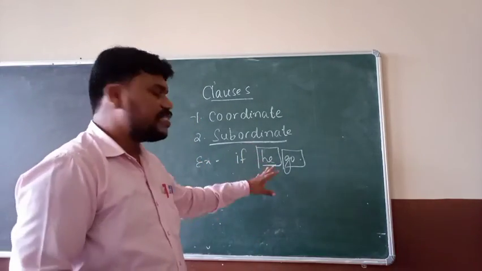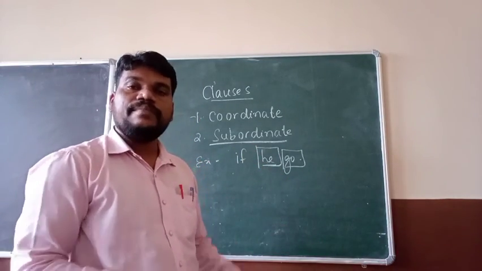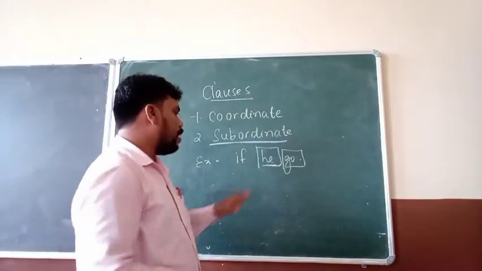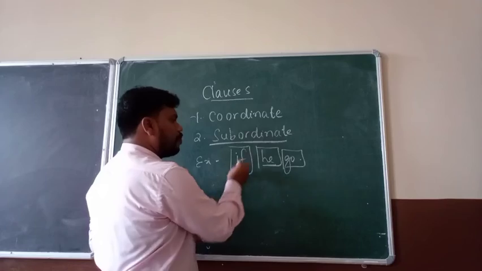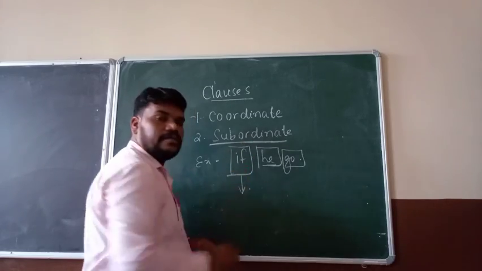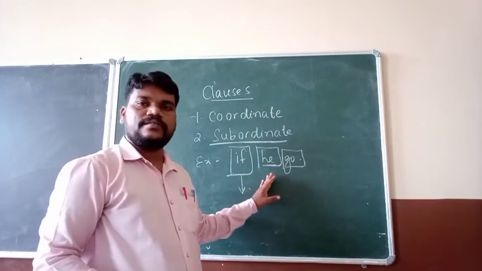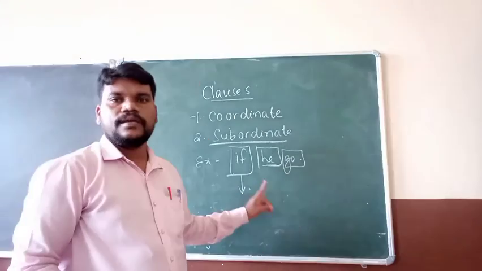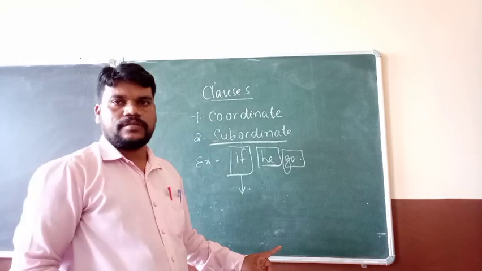That means it requires another part. So when you see the subordinating conjunction, and it gives us incomplete meaning, then we can easily say that this is a subordinate clause.